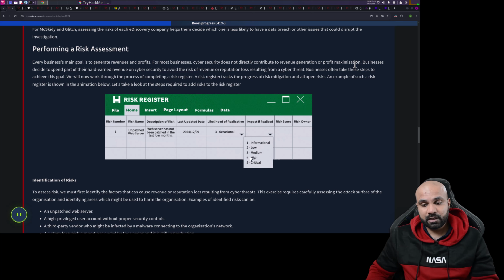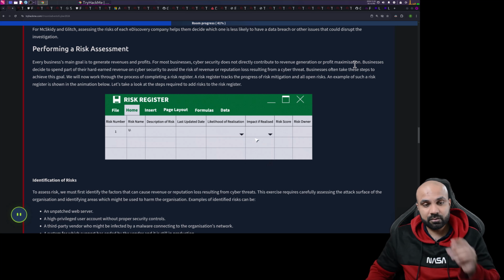Okay, and since these are not directly contributing to revenue but basically saving you, this is an insurance policy. This is saving you from potential risks or threats that your business may face.